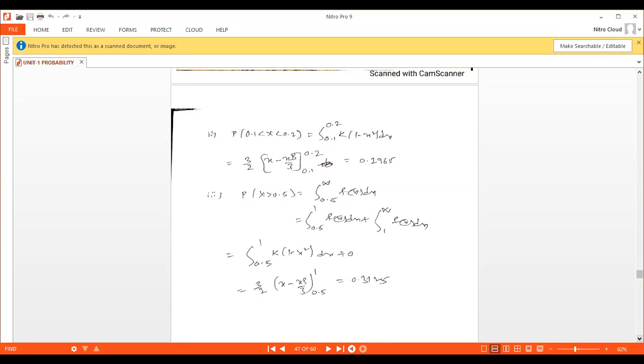Next, probability of x greater than 0.5 means from 0.5 you have to solve up to infinity. But the function is defined as k into 1 minus x square from 0 to 1 only. So we write the functional value up to 1, and from 1 to infinity the value is 0.